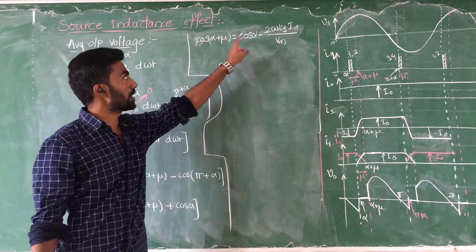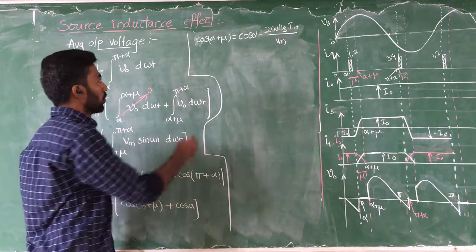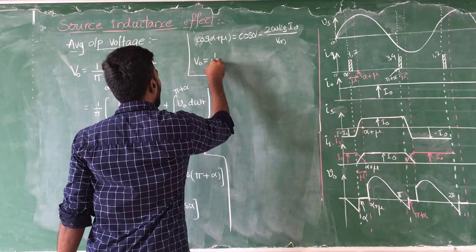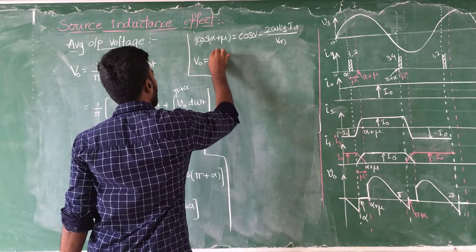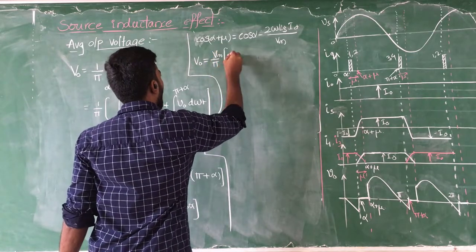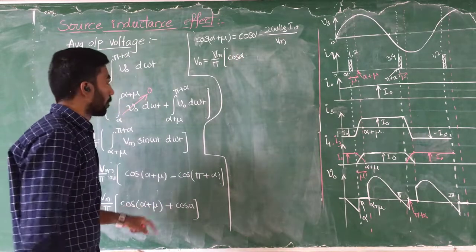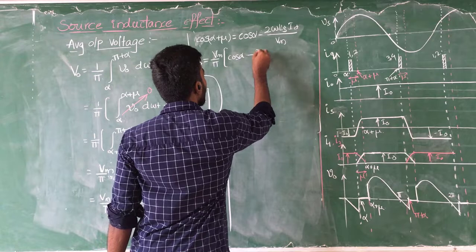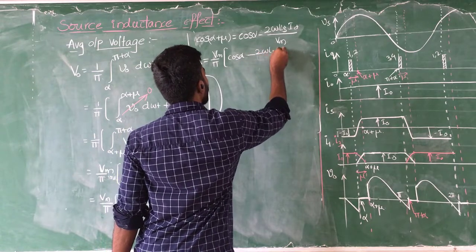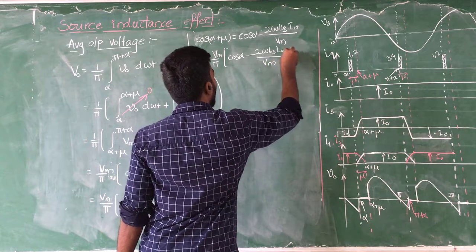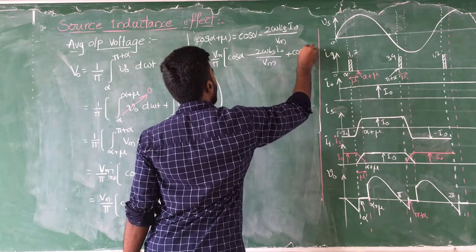If you substitute this expression, V naught is equal to Vm by pi times (cos alpha minus 2 omega Ls I naught by Vm plus again cos alpha).